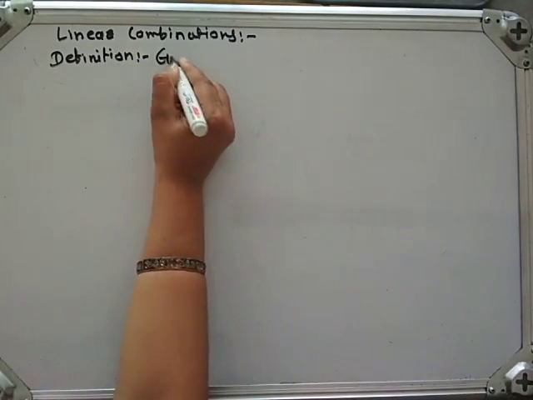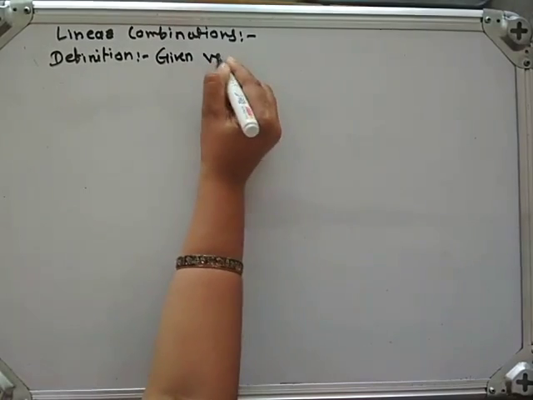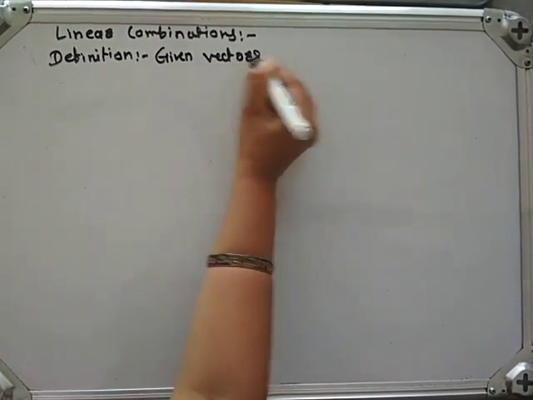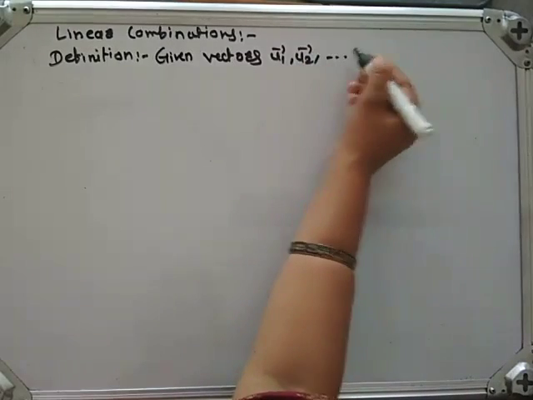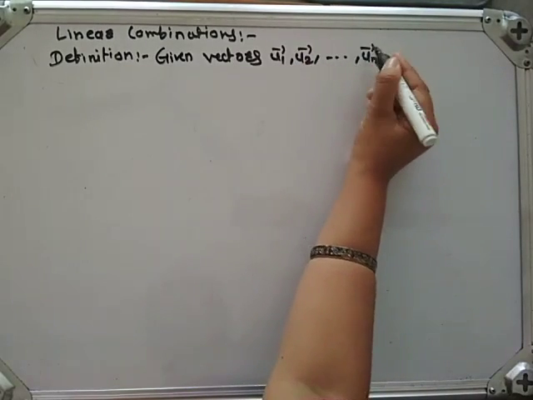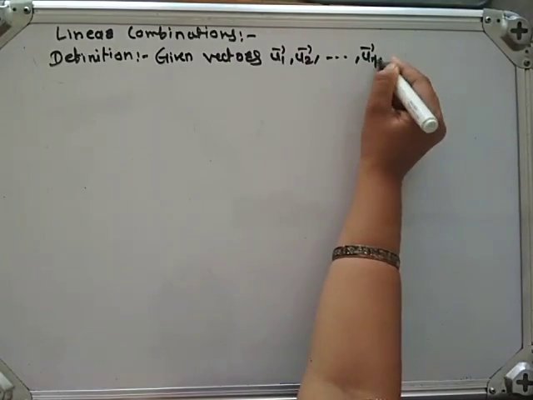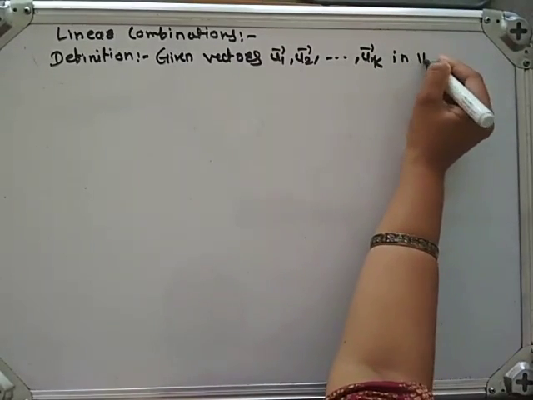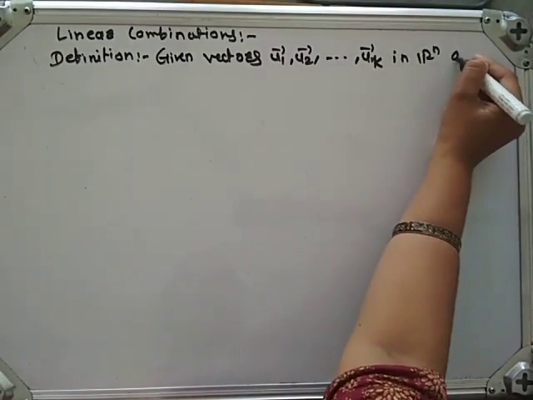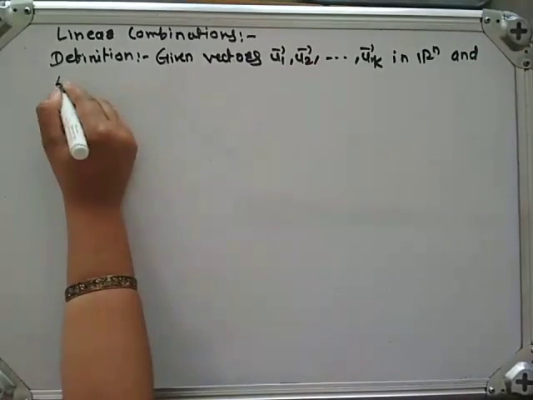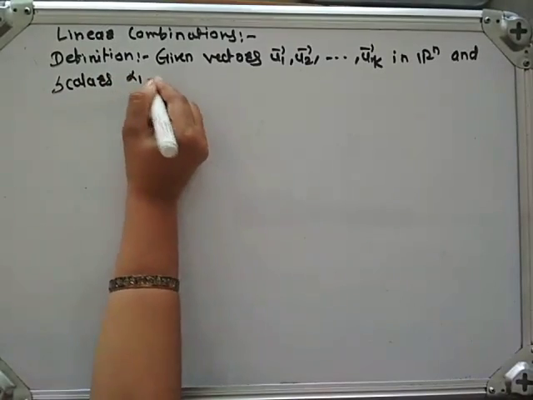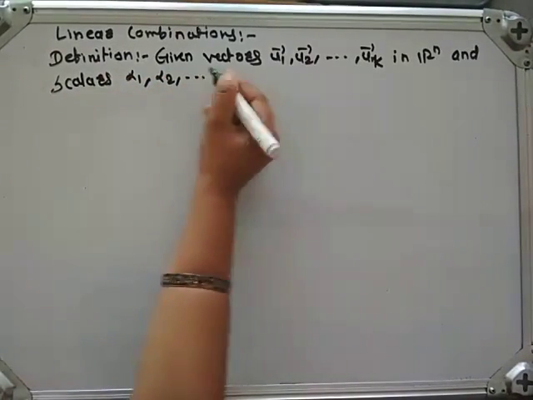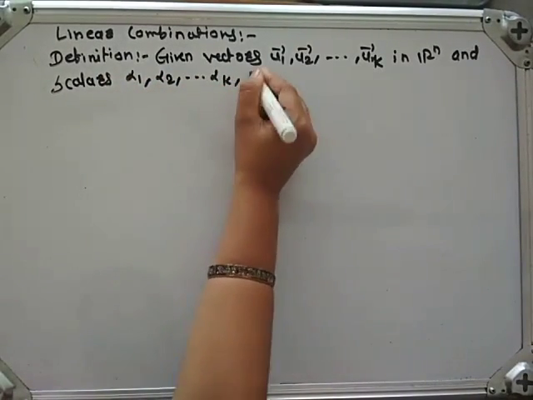Given vectors u1 bar, u2 bar and so on up to uk bar in Rn and scalars alpha 1, alpha 2 and so on up to alpha k.